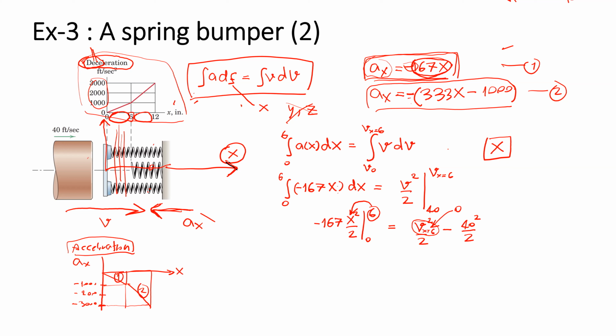We can do it that way, but my assumption is it may not stop somewhere here. If so, we need to see some velocity as the initial velocity at this point. It means that when it moves to the 6 meter, it still has velocity. The velocity is still not 0. So this is my assumption for this problem.